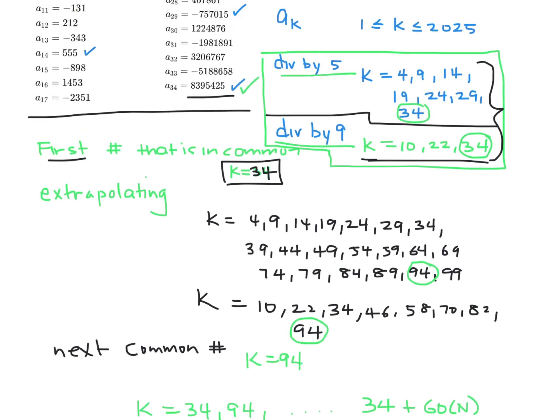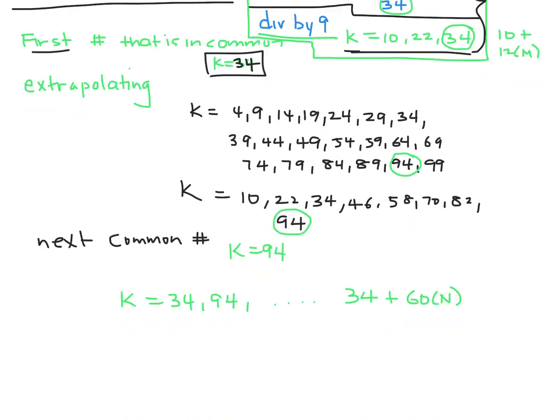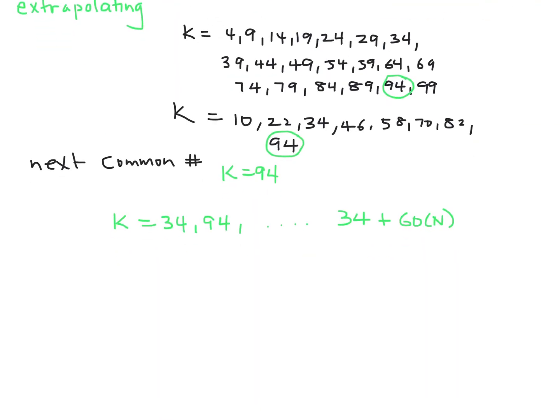So just like how this was 4 plus 5 times something, whatever you want to call it, j, and this was 10 plus 12 times something, let's call it m, this is 34 plus 60n.